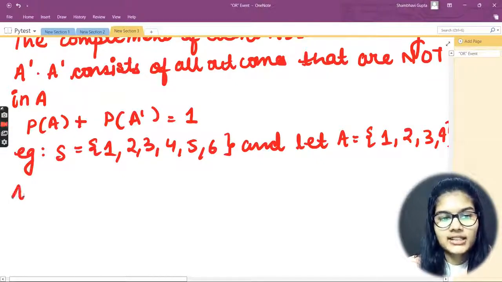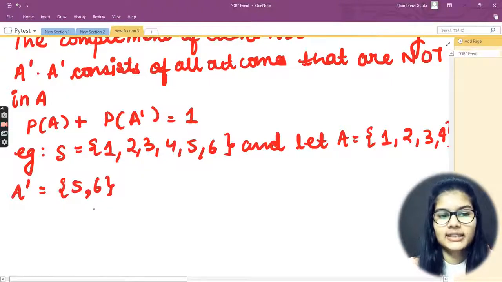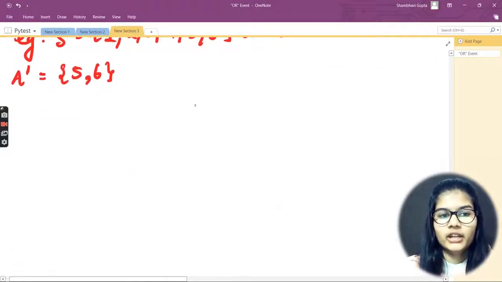Then in that case A prime will be equal to 5, 6, because 5 and 6 are the numbers which are not in A. So this 5, 6 will be my A prime, the complement of A.